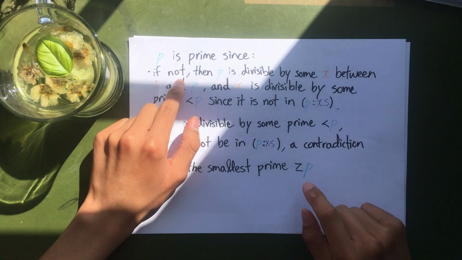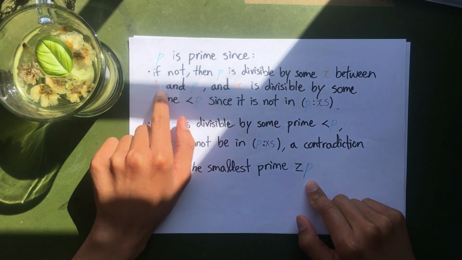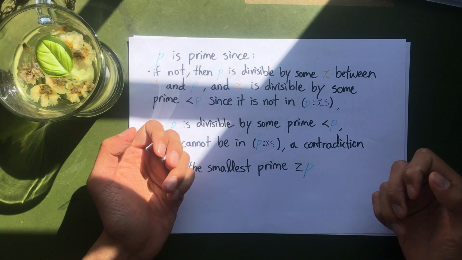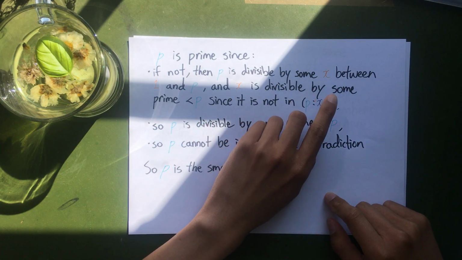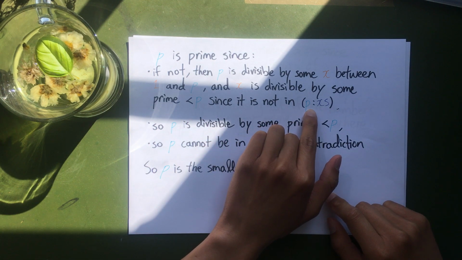So if p were not prime, then p must be divisible by some x between 1 and p. Since if not, that's just the definition of a prime number. And x is divisible by some prime less than p, since it is not in the list px's.